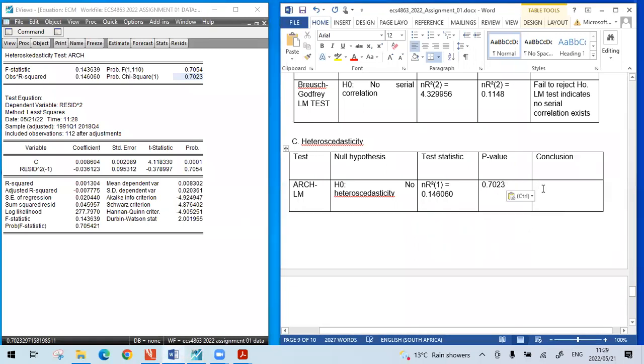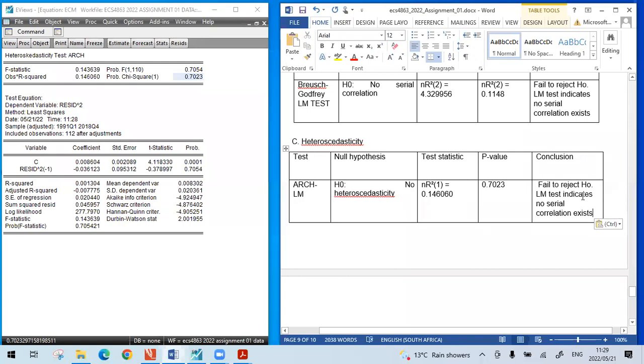What's your conclusion? We fail to reject.